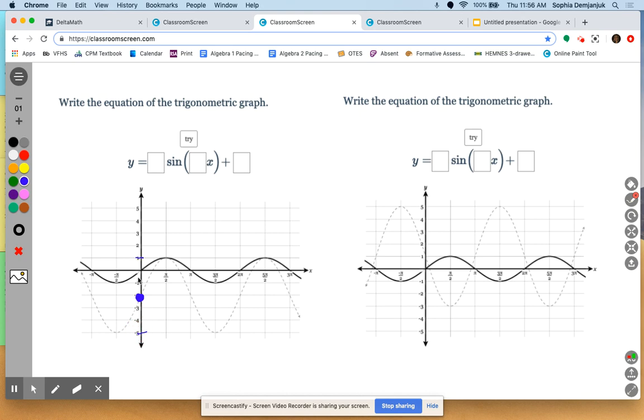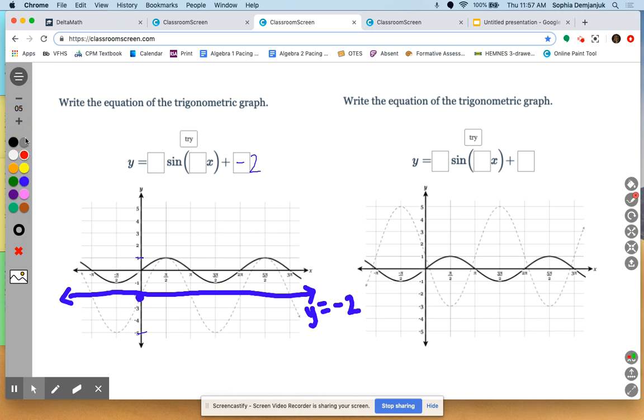That means the entire length is 6 units tall. So we would just want to go 3 up from the bottom or 3 down from the top to find that midline. We can draw the midline, and we can label it as y equals -2. Wherever the midline is goes at the end of your equation. So -2 at the end.